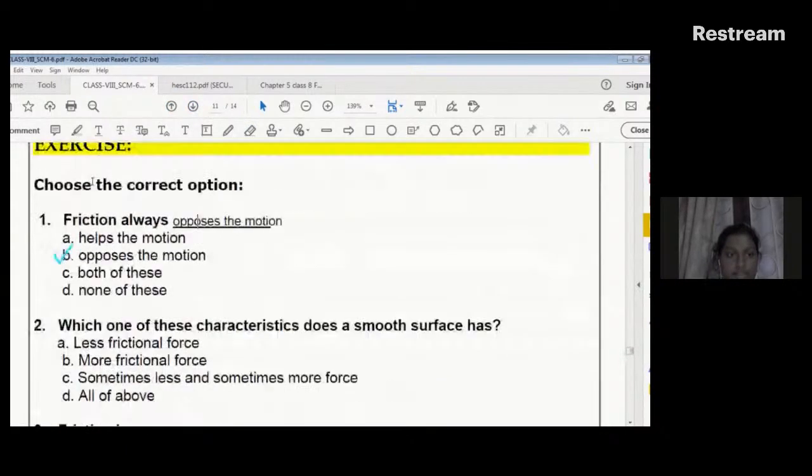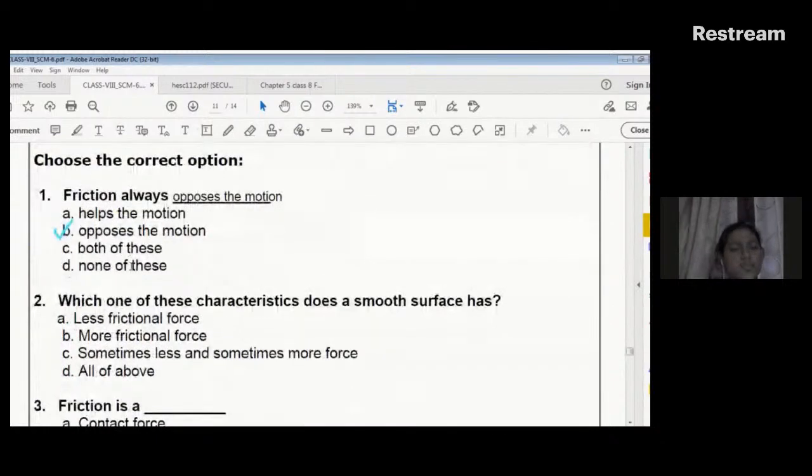Next is: which one of these characteristics has a smooth surface? It has four options. First, less frictional force. Number B, more frictional force. Number C, sometimes less and sometimes more force. And number D, all of the above.